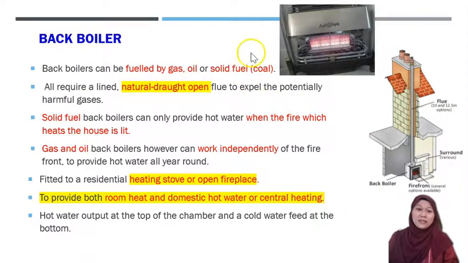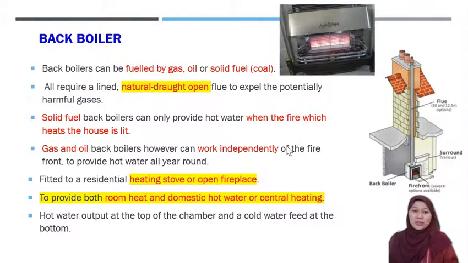They use gas, oil, coal (arang batu), or sometimes firewood as the source of heat or combustion. If you look at houses in four-season climates, they usually have a chimney to release the smoke or gases.